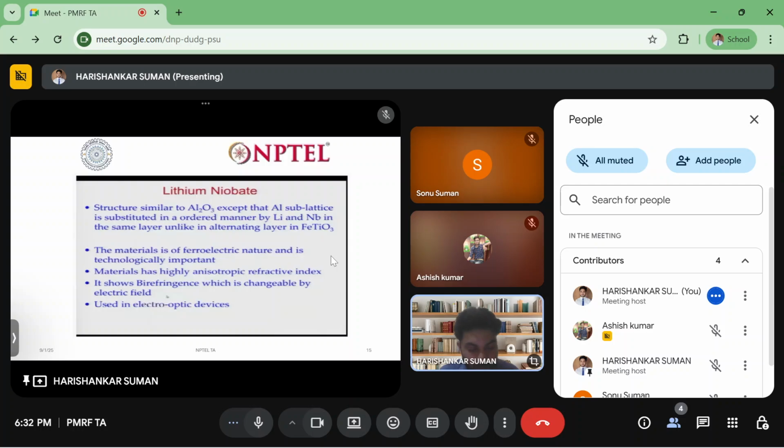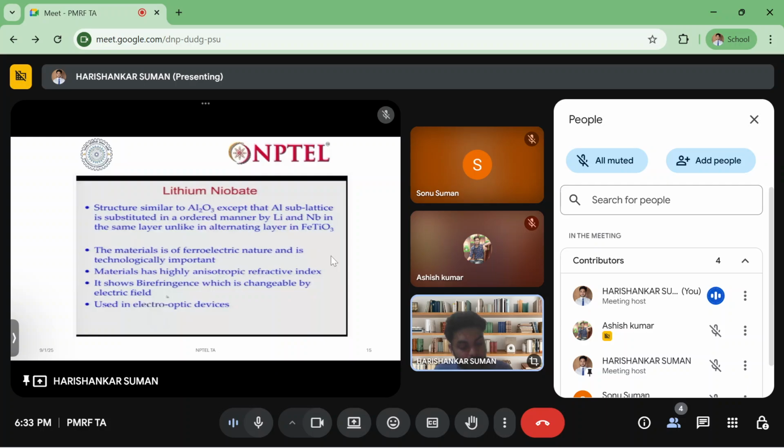Okay, so we will discuss next lithium niobate, which is a structure similar to ilmenite except that the aluminum sublattice is substituted in an ordered manner by lithium and niobium in the same layer, unlike the alternating layers in ilmenite.